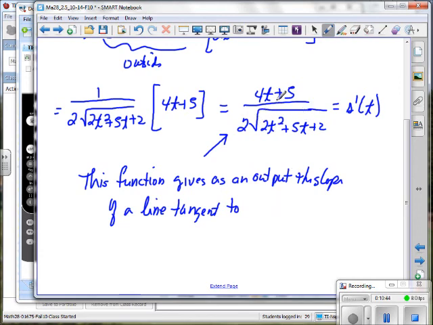Does this give us the slope of a line tangent to any special curve? Okay, tangent to S of t at what point? At any point. If I want a special point, what do I have to give you? A point, yeah, an input value.